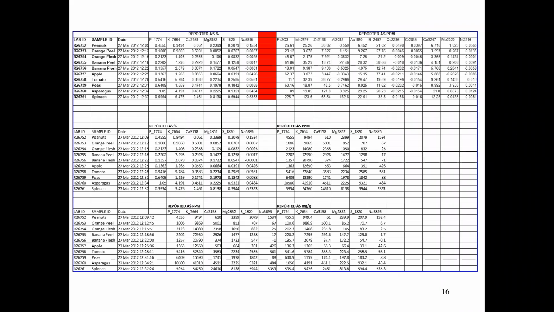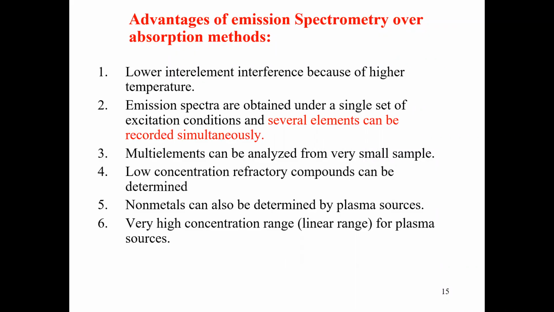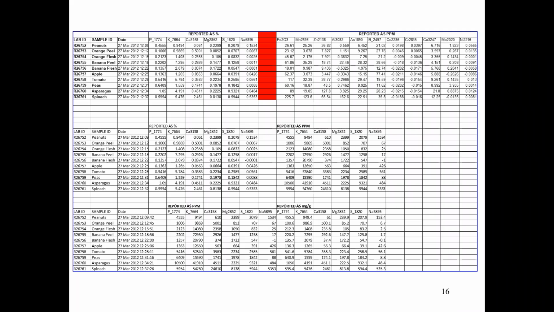Did you all get that? I want to showcase something we did many years ago. We were analyzing foods. I gave you that story. I went to the store, I said, oh, I eat these peanuts, I wonder what the concentration there is.